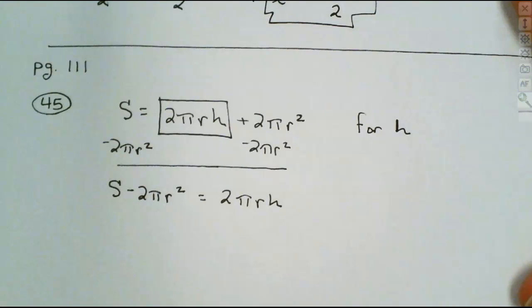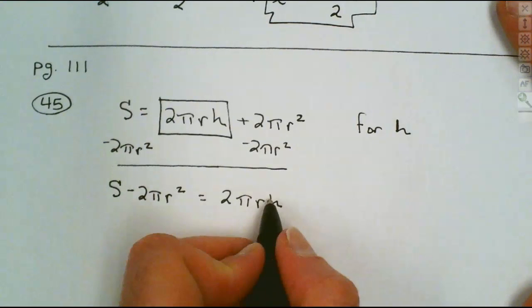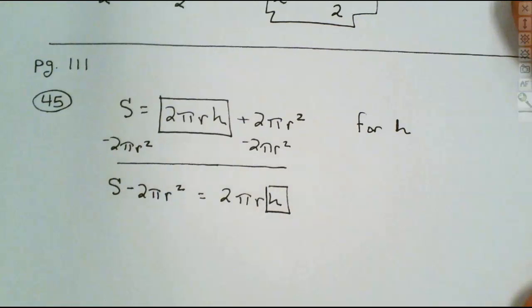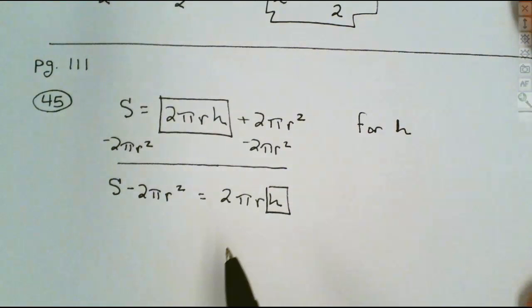And we've got one more step. We want to get the H by itself. So we're going to put a box around that H. And how is the 2 pi R attached to that H? It's attached by multiplication. And what's the opposite of multiplication? Division, right? So how do we finish this out?